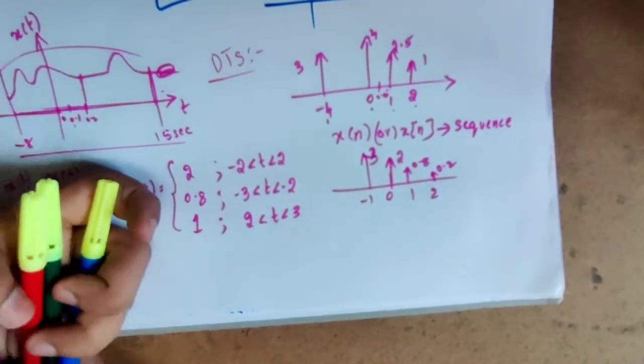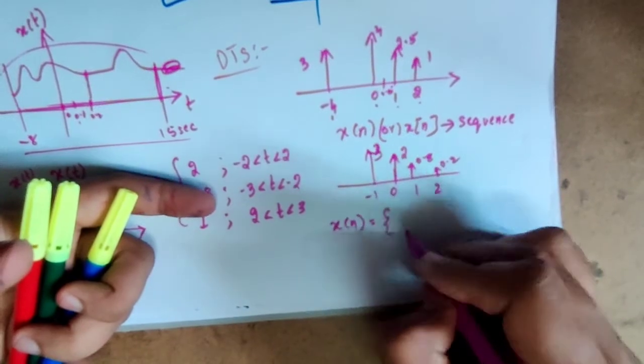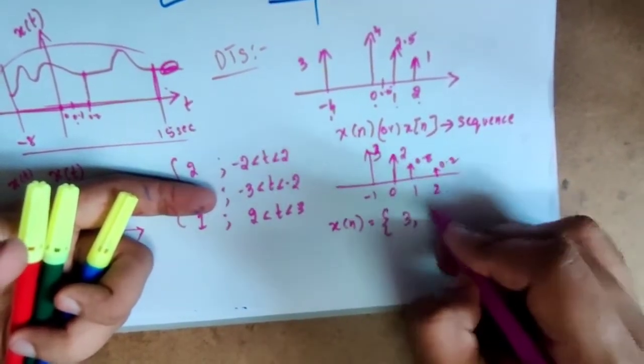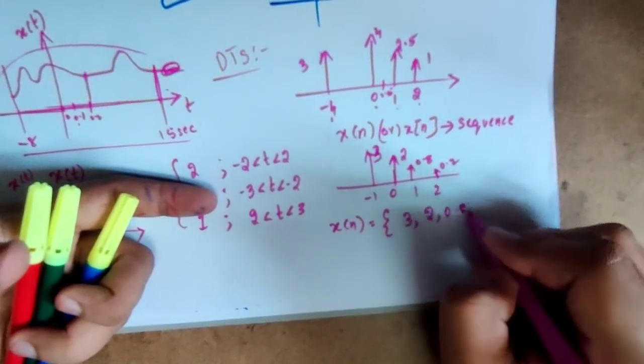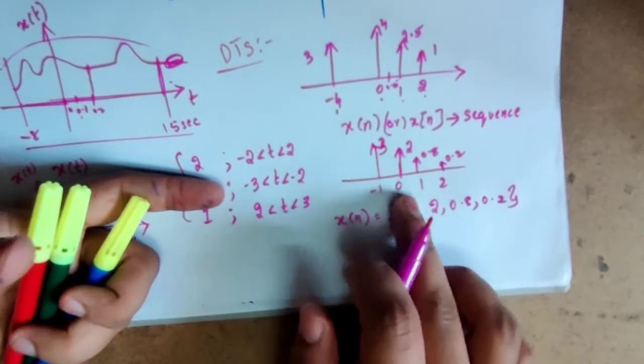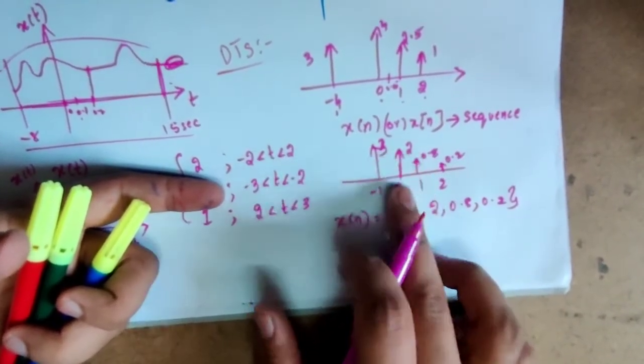So how is this sequence written? See carefully, x of n is equal to, first of all you have to write the entire amplitudes. What are the amplitudes? 3, 2, 0.8, 0.2. So where is the origin, I mean 0? Where is the instant of time whose value is 0? It is at the amplitude of 2.